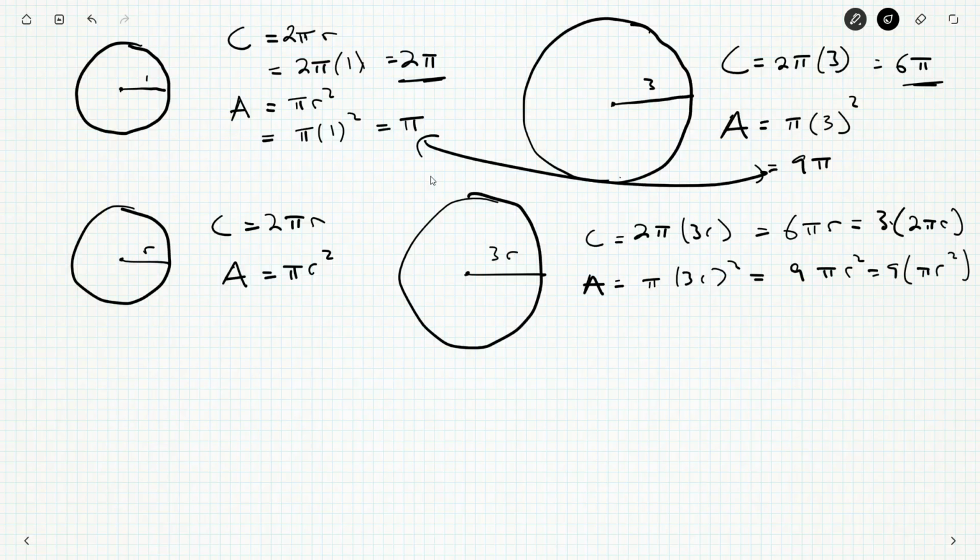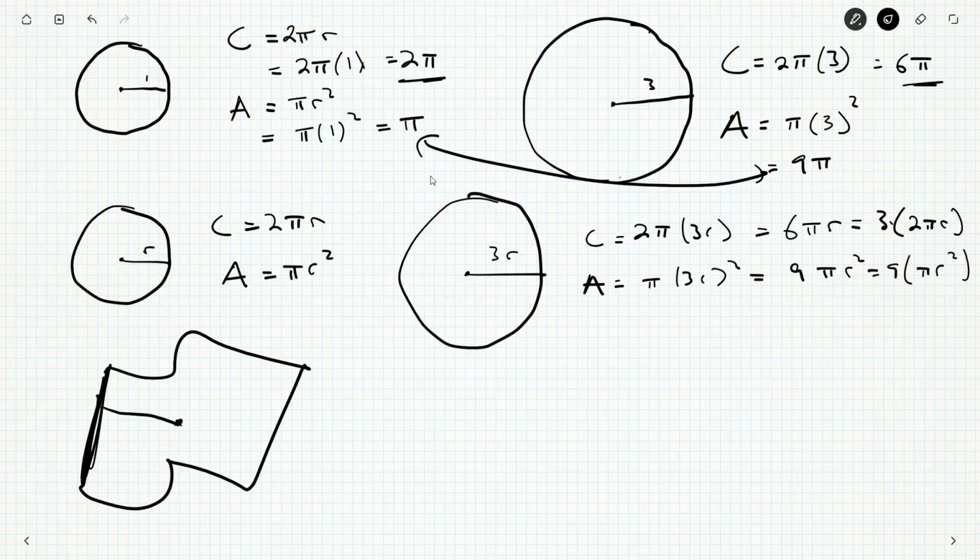Okay? Even better than that, if you take any old figure and you blow it up in a certain way, suppose this figure is determined by this side length's distance from the center, and we call this h.